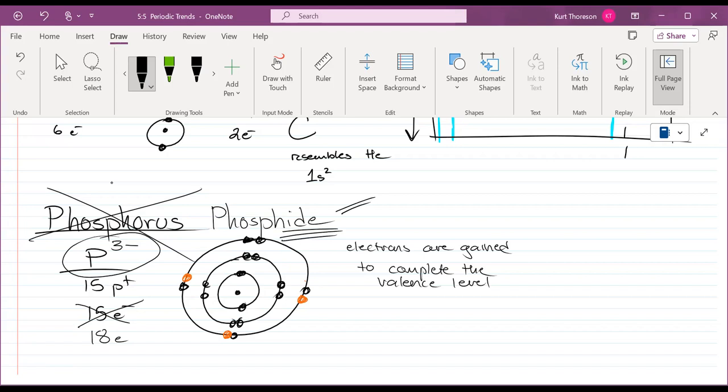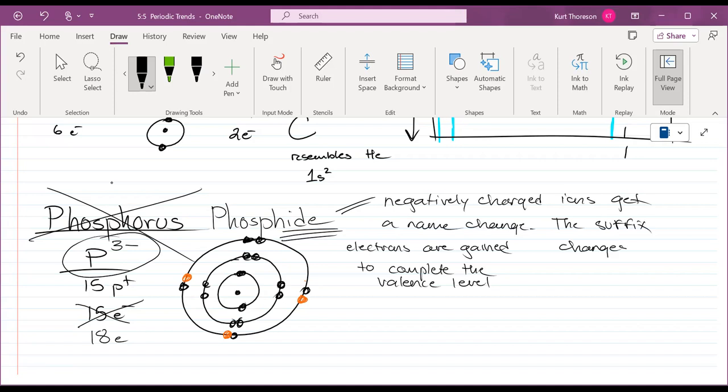Negatively charged ions get a name change. The suffix changes to -ide. You do not do this with positive ones.